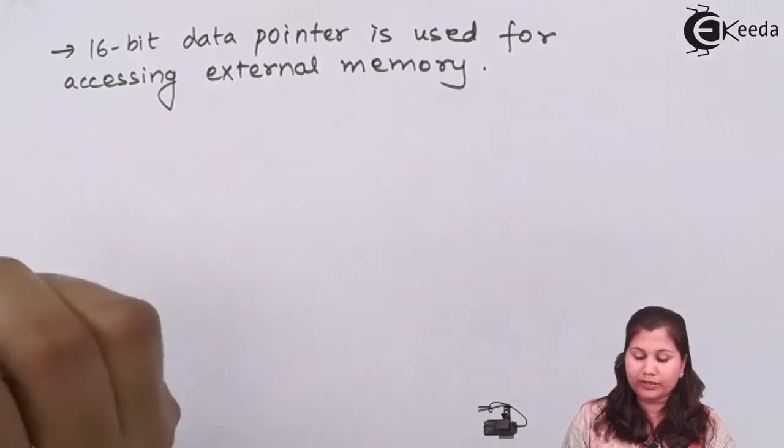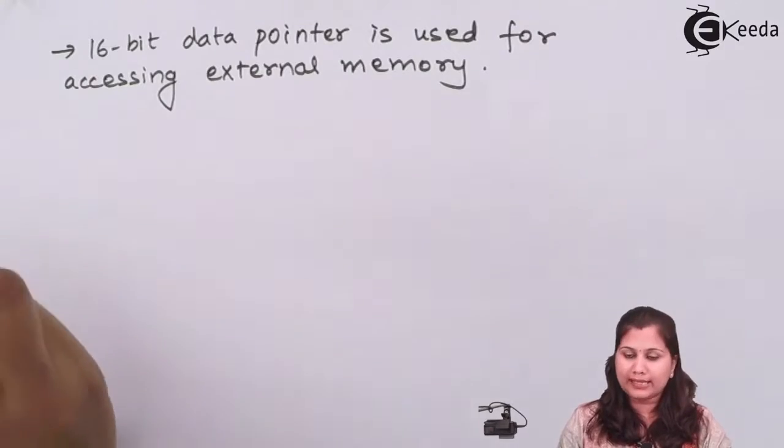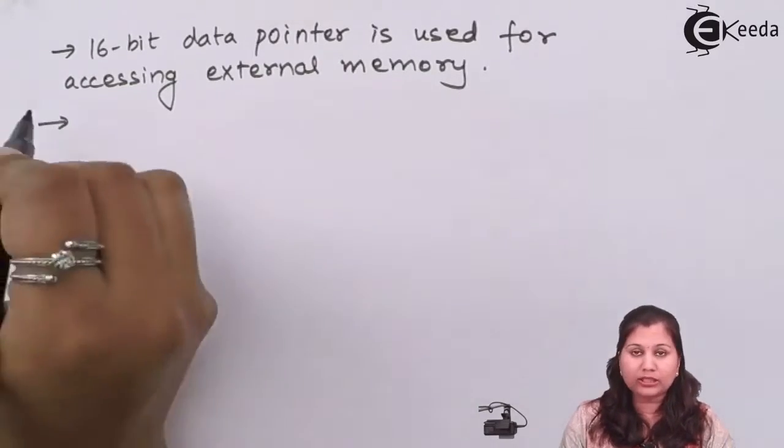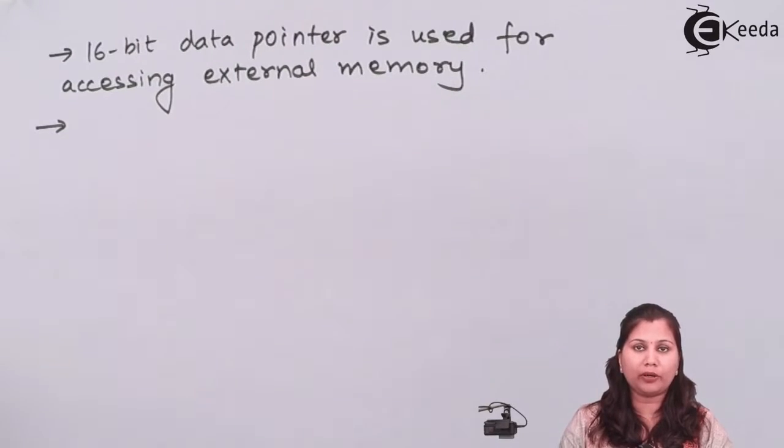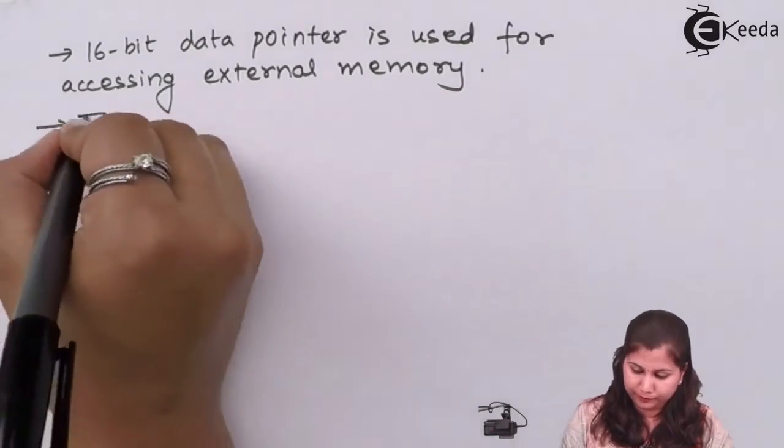Okay, so it can be used as 16-bit and also as 8-bit. Now the contents of the data pointer are programmable using instructions. If we want to read the contents of this data pointer, or alter it, or load this data pointer with some address, then we can do all this with the help of instructions.